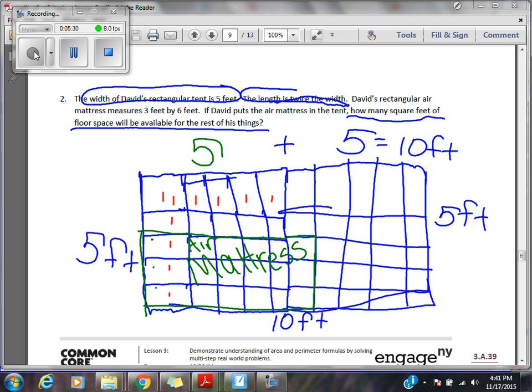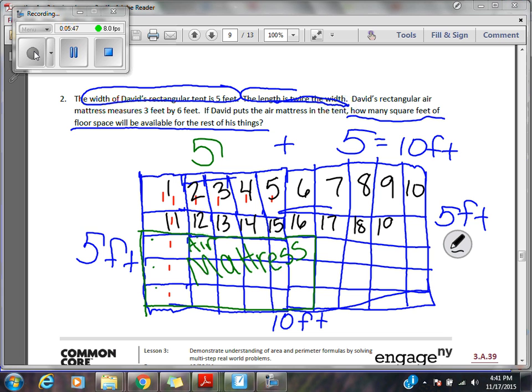So then I simply just need to count what is left. So here I can see 1, 2, 3, 4, 5, and so on, 11, 12, 13, 14, 15. I'm still counting square units that are left.